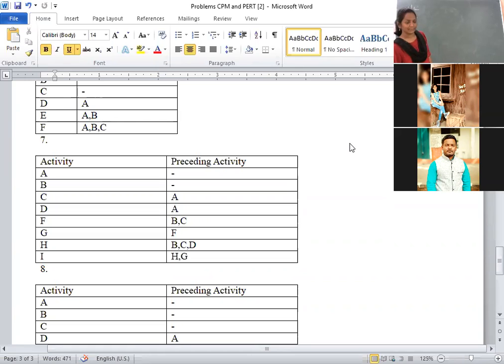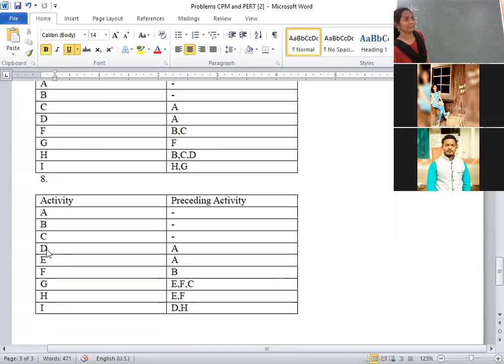Yes, ma'am, I'm doing. Good. It's very easy. Vaishnavi, if you have completed, then go through the 8th one. I will give 1 more minute, otherwise I will explain.